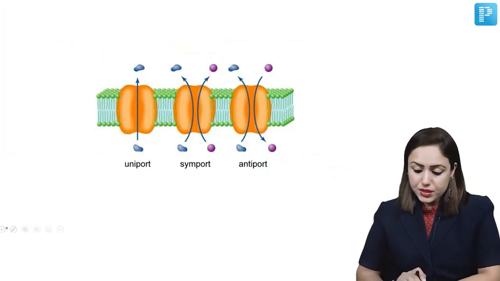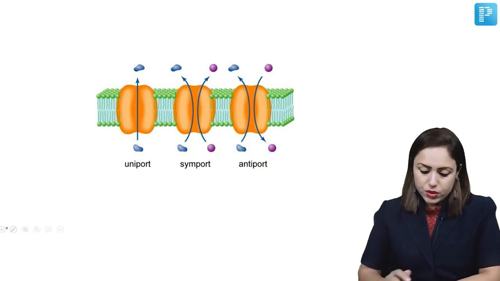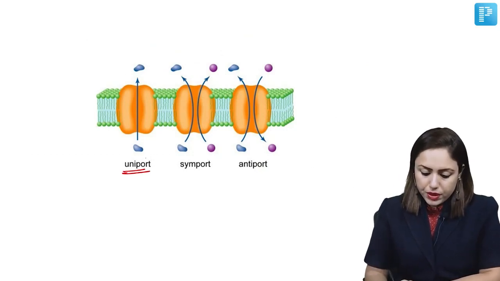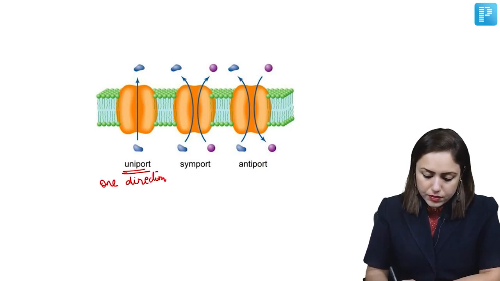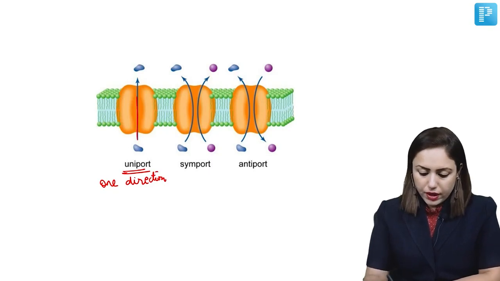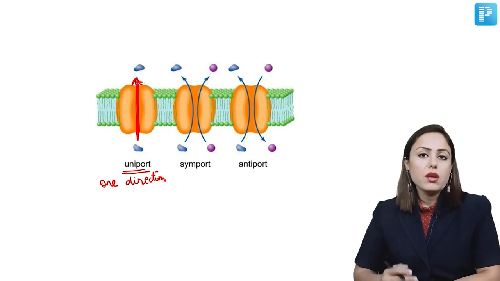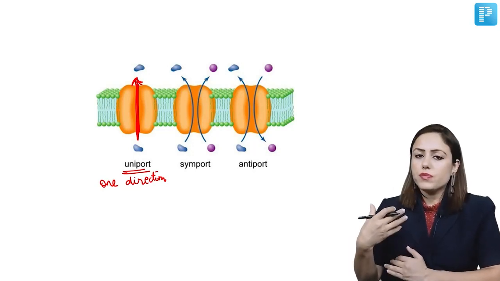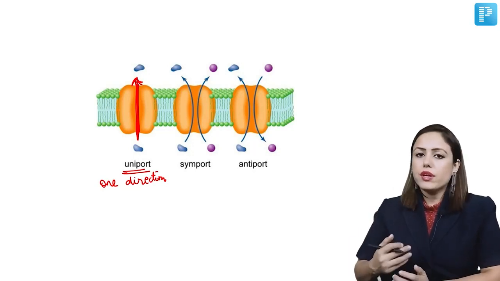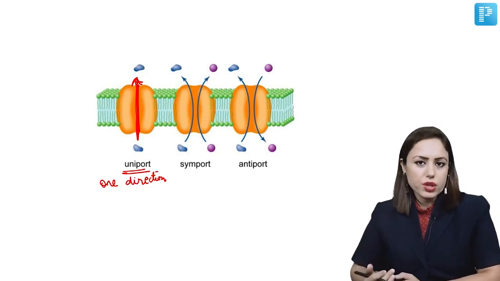Then uniport, symport and antiport. See, uniport means only in one direction, right? So in one direction only one substance is taken from one side of the membrane to other side, whether it is going inside the cell or outside the cell.